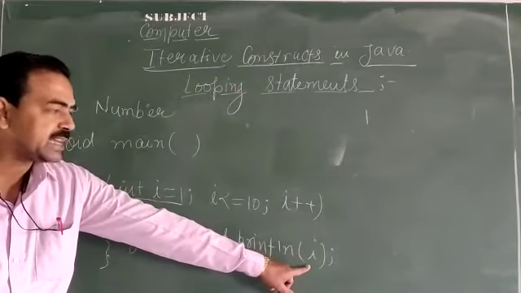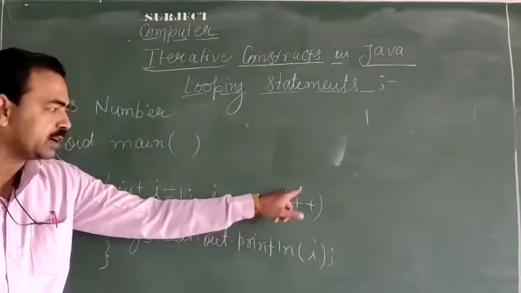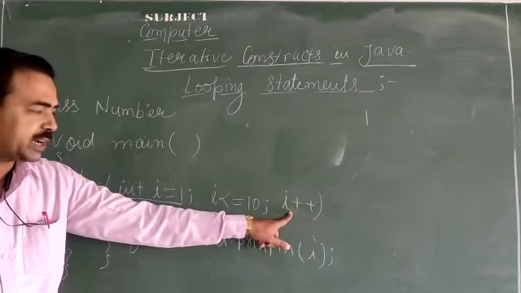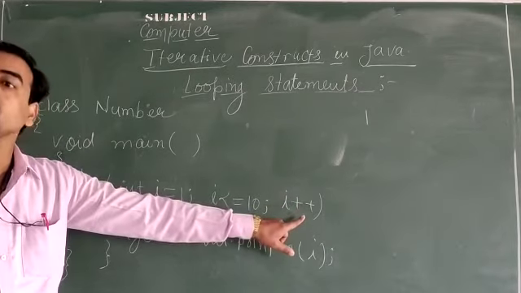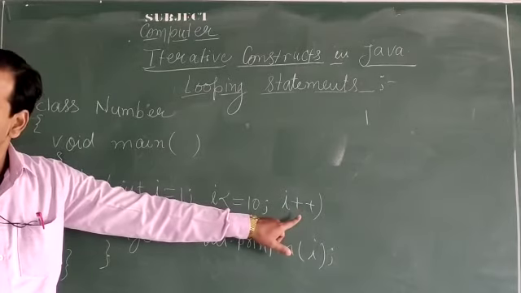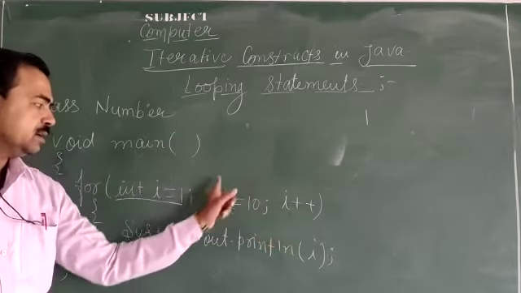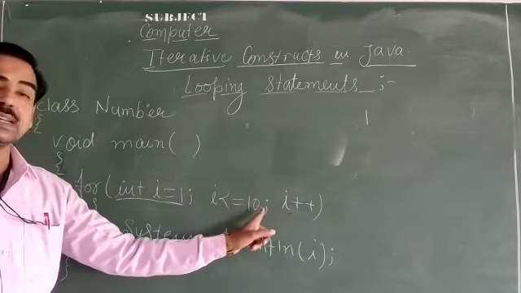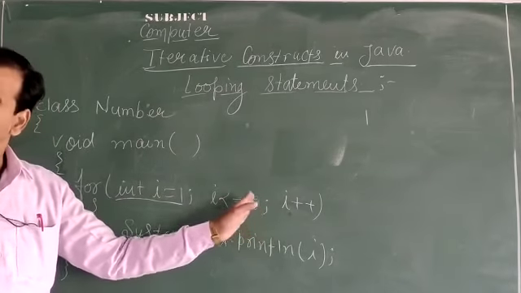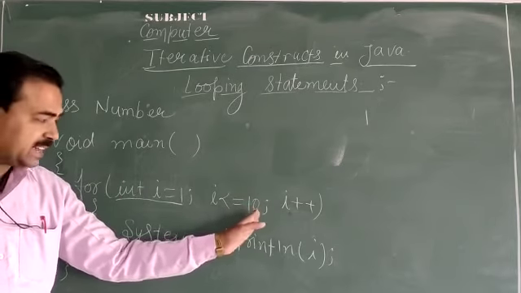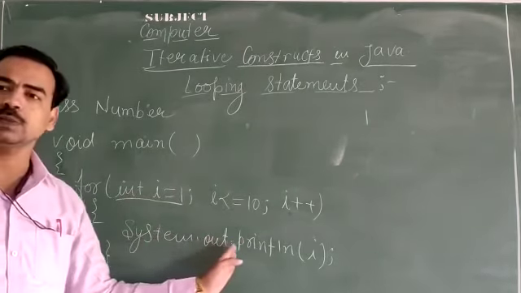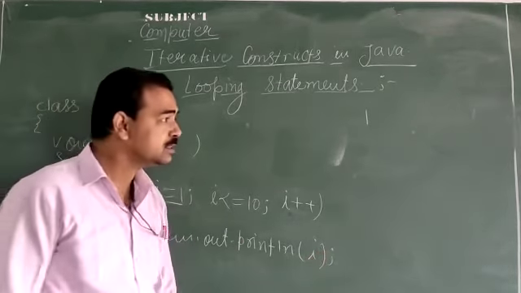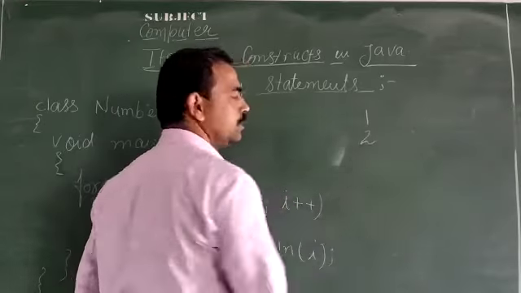Then after executing the loop body, the control will transfer to the updation part. i plus plus, so 1 plus plus, it will be 2. Understood? Then we will move to the condition part. 2 is less than or equal to 10. Yes, condition true. When condition is true, we will enter inside the loop, then System.out.println(i), that means the value of i, that is 2, will be printed.